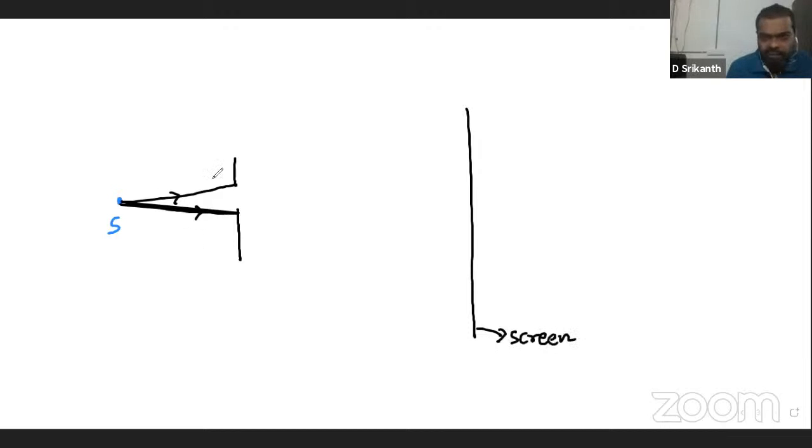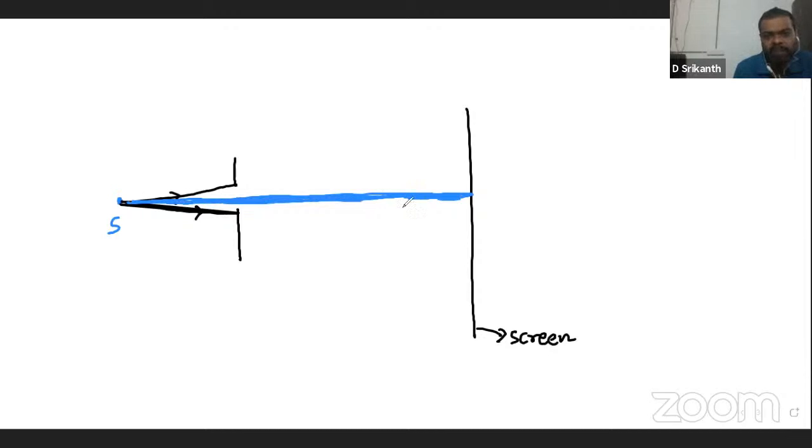Now some of the light rays will pass through the middle point of the slit. That ray will not get deviated. Whatever energy it had before incidence on the slit, it will have the same energy.